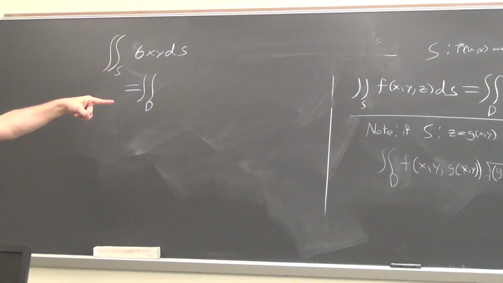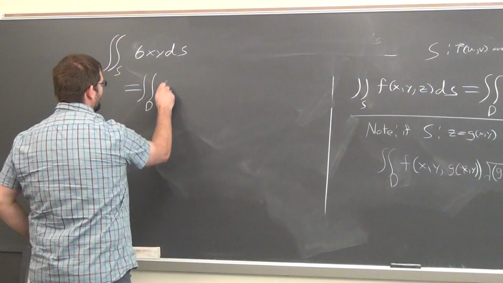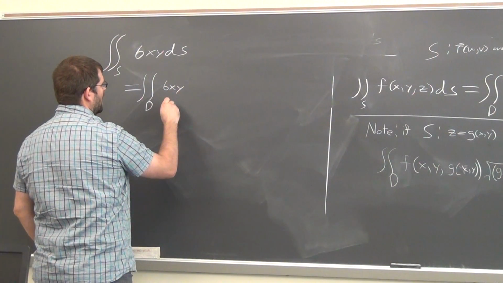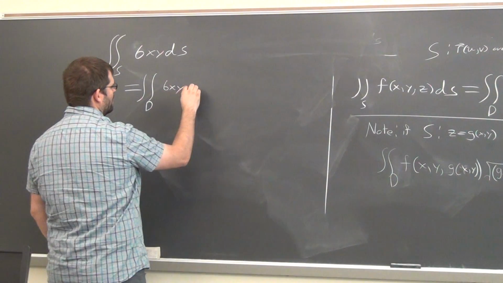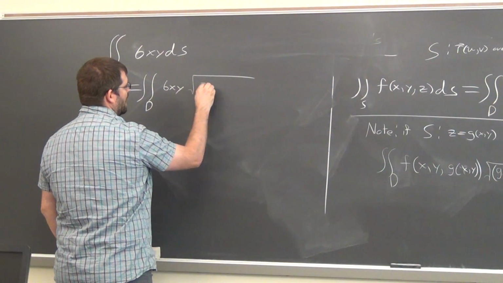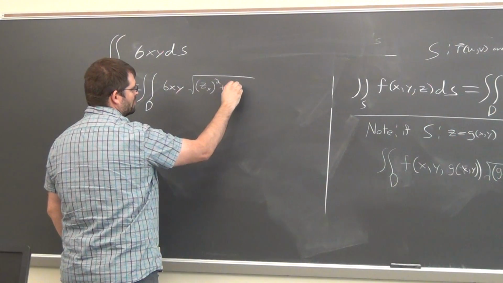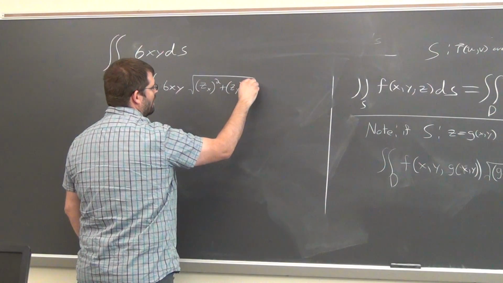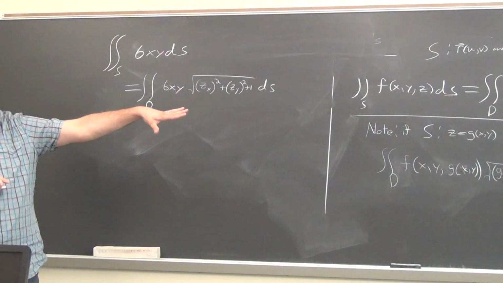In this case, your g of x, y doesn't need to show up because no z shows up, right? So this will just stay 6xy, and then the dS will be replaced with the square root of z sub x squared plus z sub y squared plus 1. And again, the z in this case is the parameterization that you have.